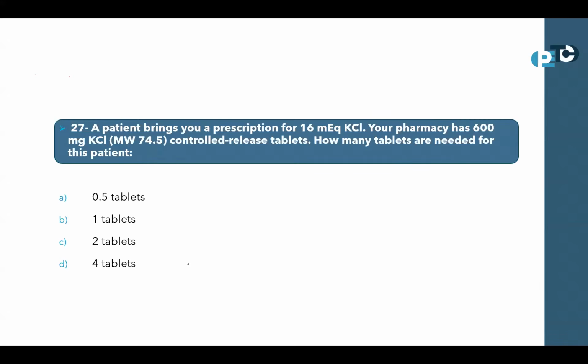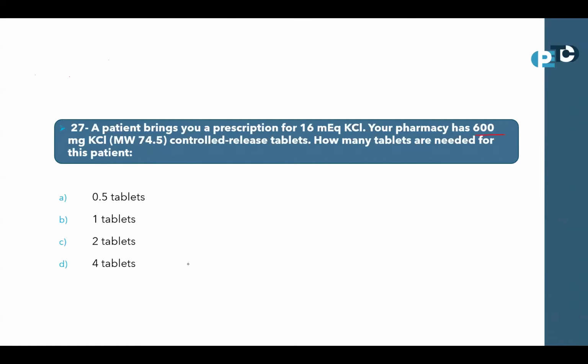Let us see this calculation problem. A patient brings you a prescription for 16 milliequivalents potassium chloride. Your pharmacy has 600 milligrams of potassium chloride in controlled release tablets. So the formulation present for potassium chloride is controlled release, where each tablet contains 600 milligrams.